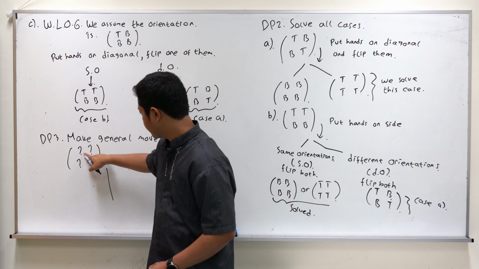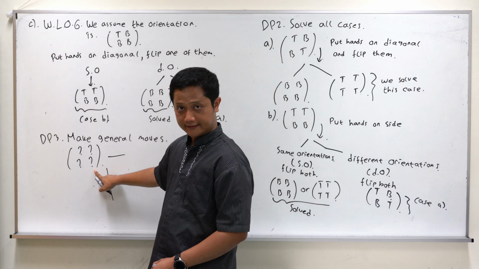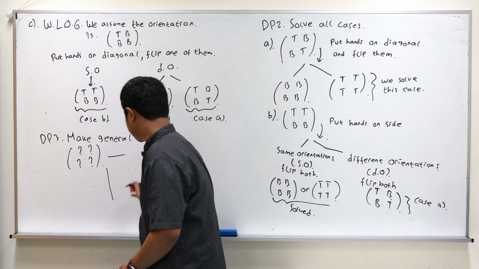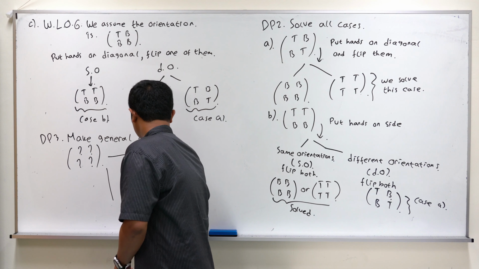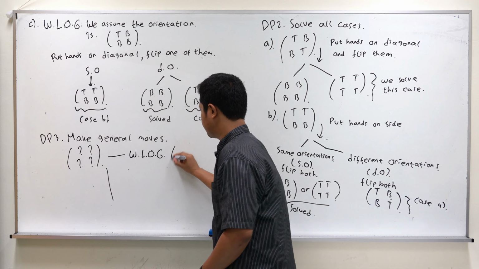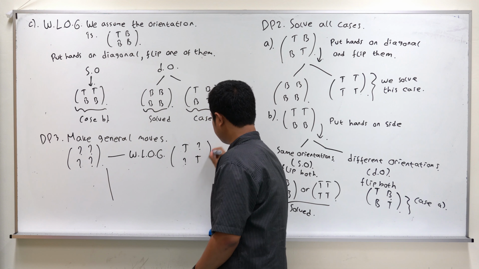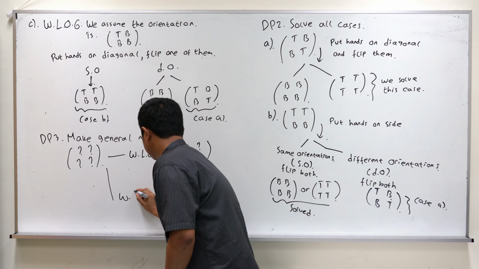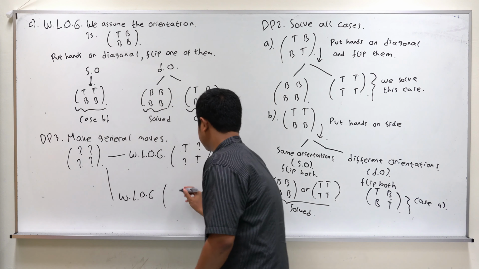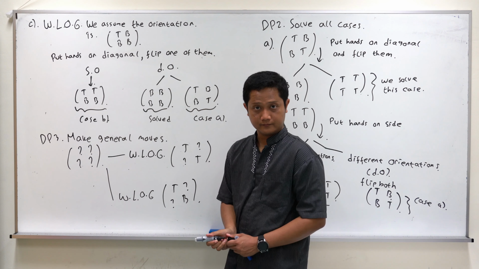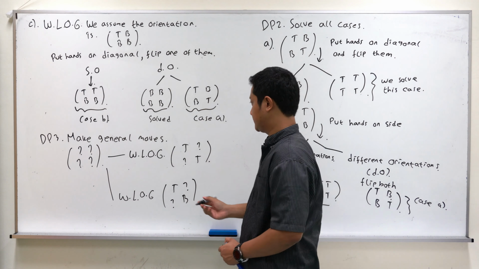First, the diagonal is the same, or the diagonal is not the same. Without loss of generality, for example, if I have T, this one I don't know. We have TB, I don't know. So this one is the first case, then the second case.